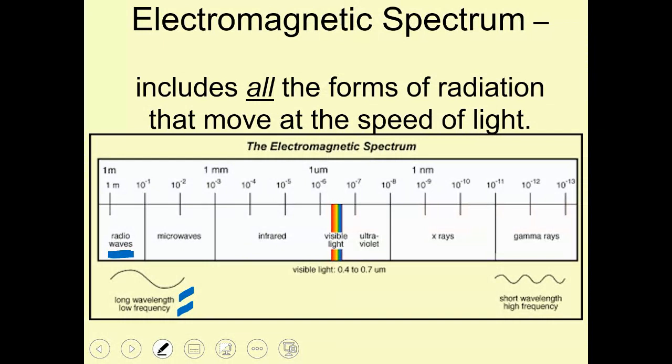So up here on the other end, we have our very shortest wavelengths, gamma rays, and they are so short, you can see in the 10 to the negative 13 meter range. So they are very, very short, which means that the frequency will be very high because the peaks will be very close together.